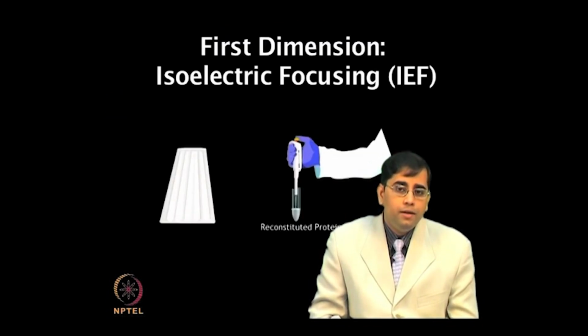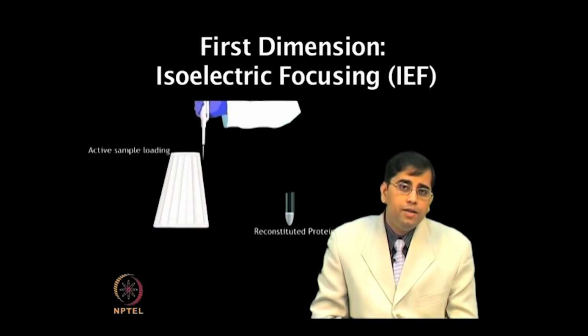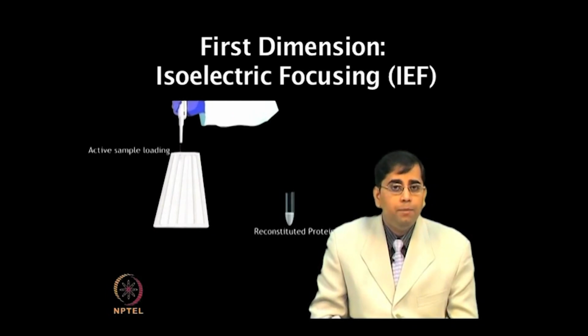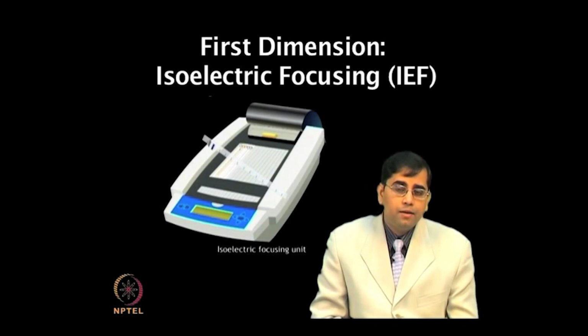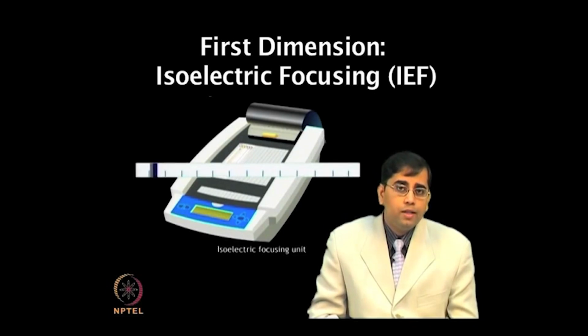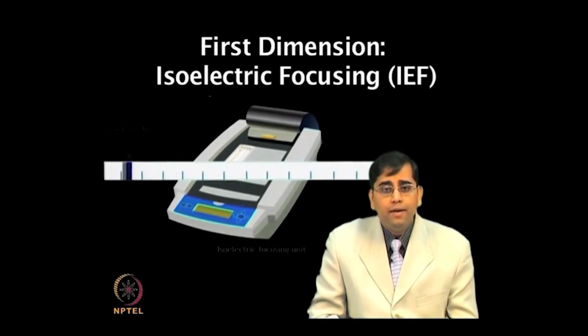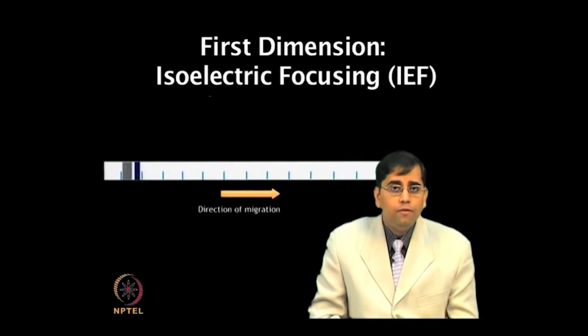To perform 2DE, add the reconstituted protein sample to the rehydration tray and place the IPG strip for rehydration. Isoelectric focusing involves the application of an electric field which causes the proteins to migrate to the position on the pH gradient strips that matches the pI of a specific protein, after which it does not move in the electric field owing to the lack of charge.